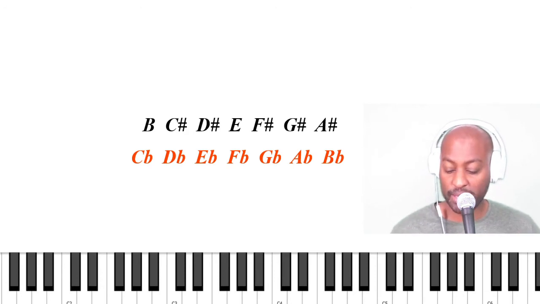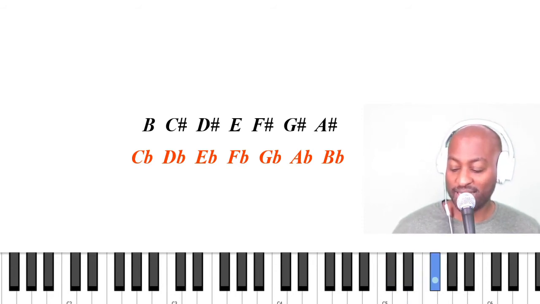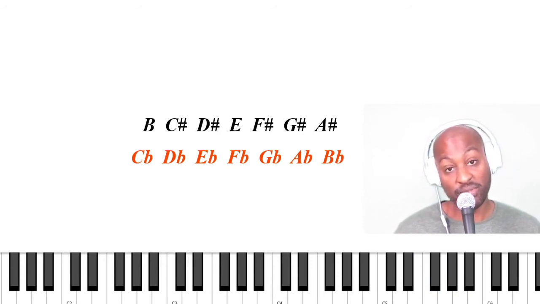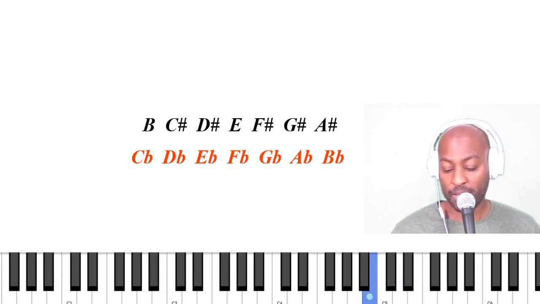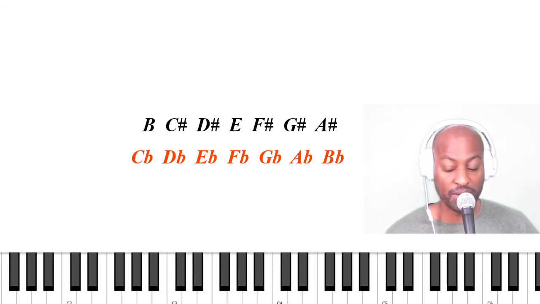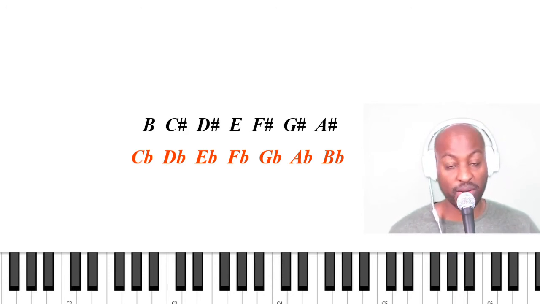So you got C flat, D flat, E flat, F flat, G flat, A flat, B flat, and then finally you're back at C flat. So it has 7 flats. A major scale is made up of 7 notes, and every single note here is flat.